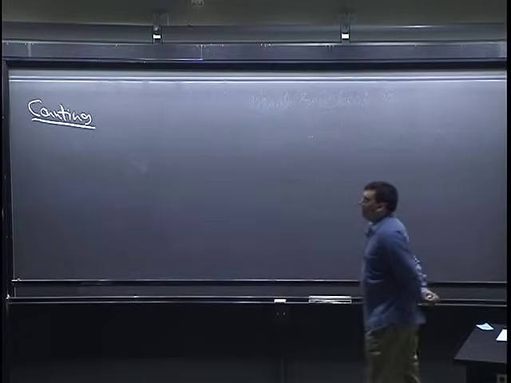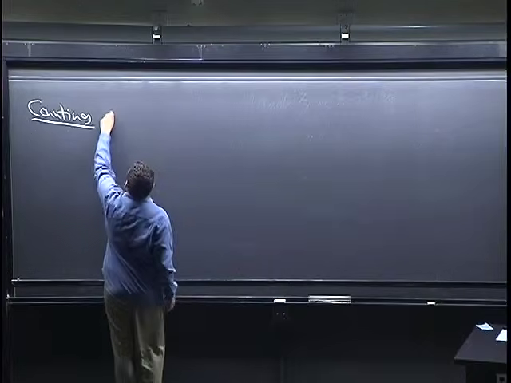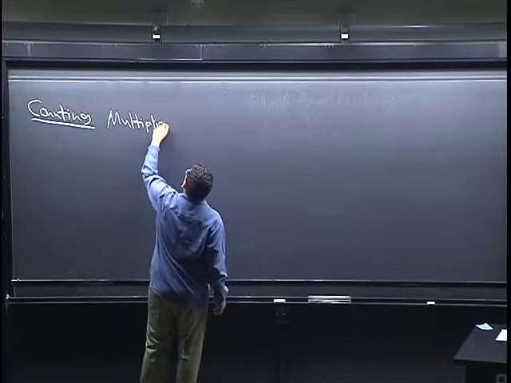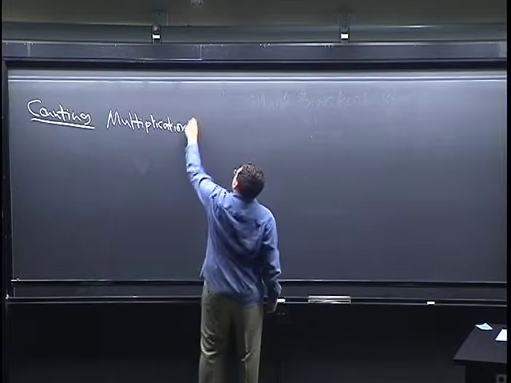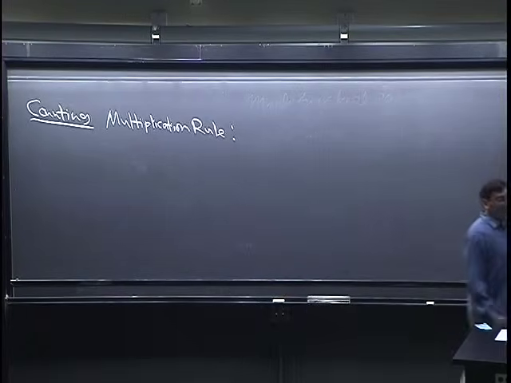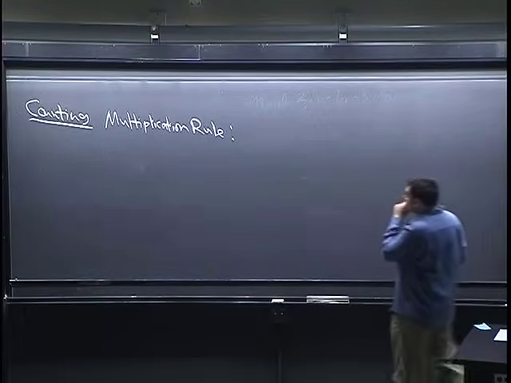The first one, I don't really know if it has a standard name, but I just call it the multiplication rule. It's a pretty simple principle, but it underlies most of what we'll need for counting, except for one other counting method that we'll get to next time.